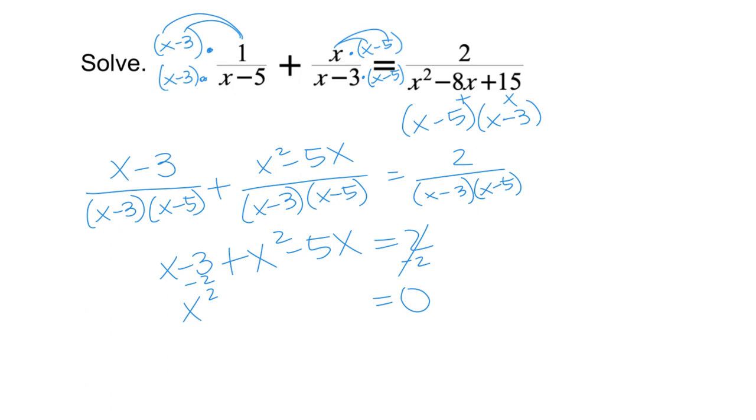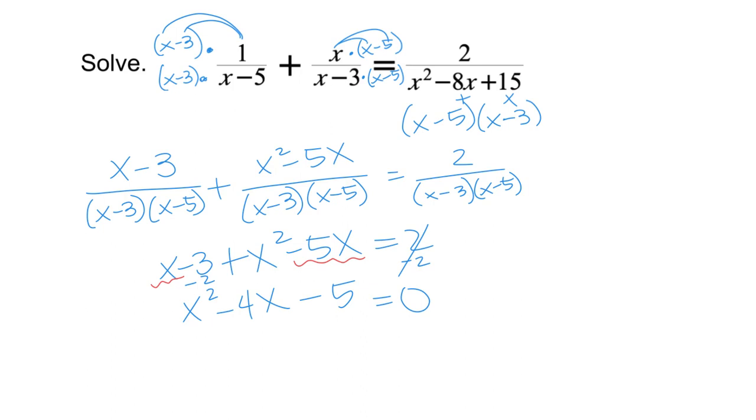So I put that x squared in the front. We do have some like terms. X minus 5x is going to be a negative 4x. And then negative 3 minus 2 is going to leave me with a negative 5.